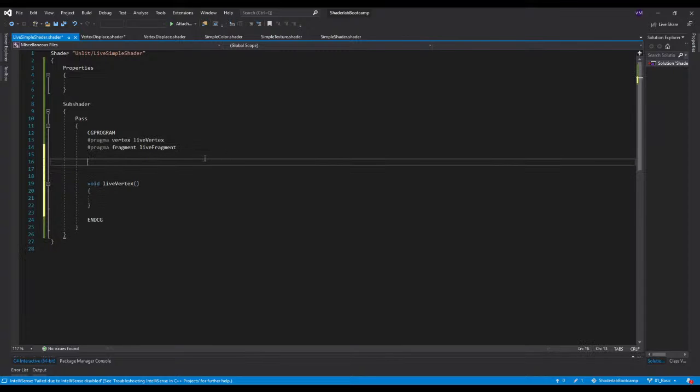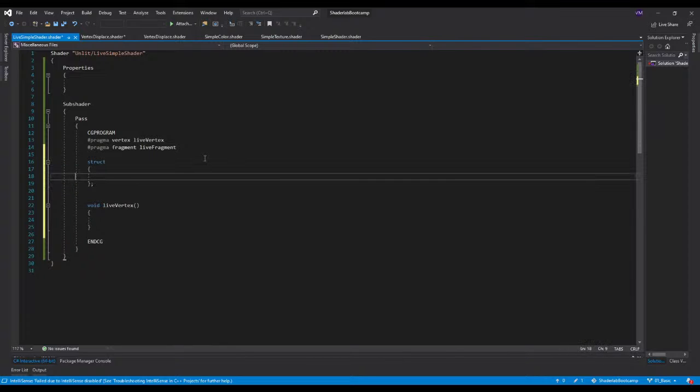So let's define where the inputs and outputs come from. We have to define structures. Okay. I will share the link for this also. There is a beautiful Unity document. Please read that. Now in this particular structure, we need position. I'm just going to go very basic.